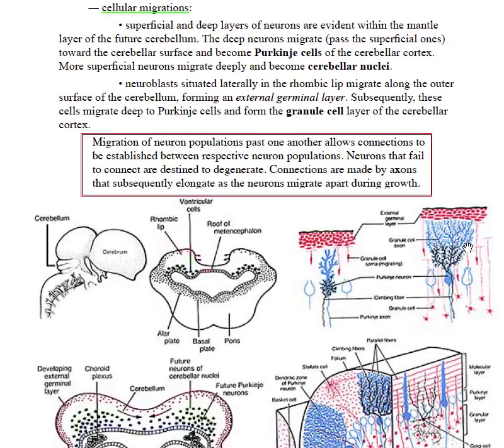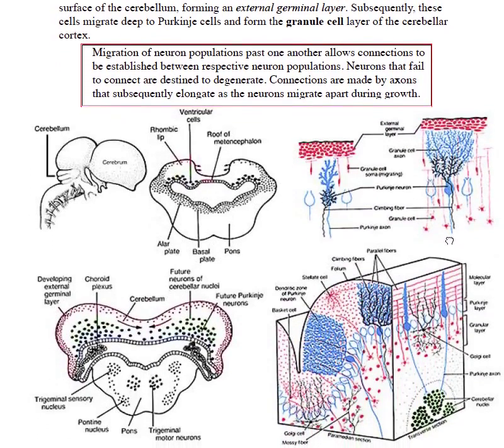So next we want to consider the cellular migrations that give rise to the circuits among cerebellar neurons. Let's begin by considering the circuits in a mature cerebellum. The granule cells, the small neurons of the cerebellar cortex, send their axons into the molecular layer, where the axons run longitudinally and make synaptic contact on the dendrites of the Purkinje cells, shown in blue here.